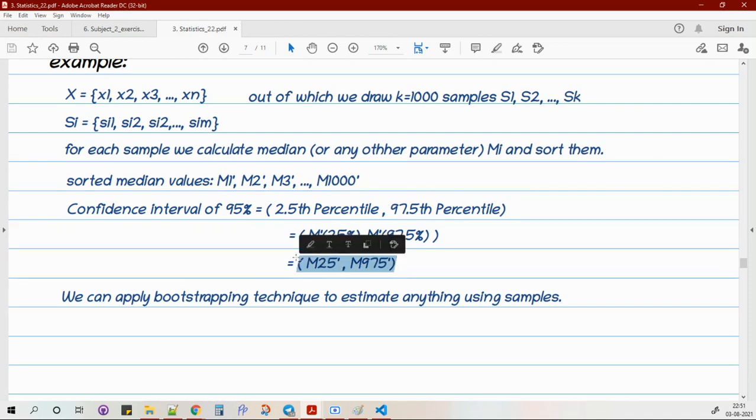So this gives me my 95% confidence interval for my median value. If it is, let's say, 2 and 10, I can say with 95% confidence that my median is between 2 and 10.